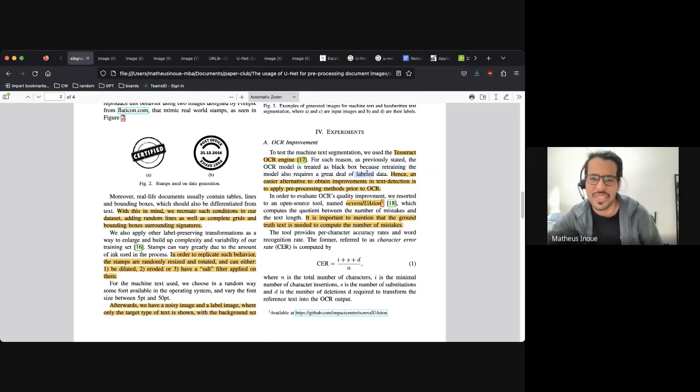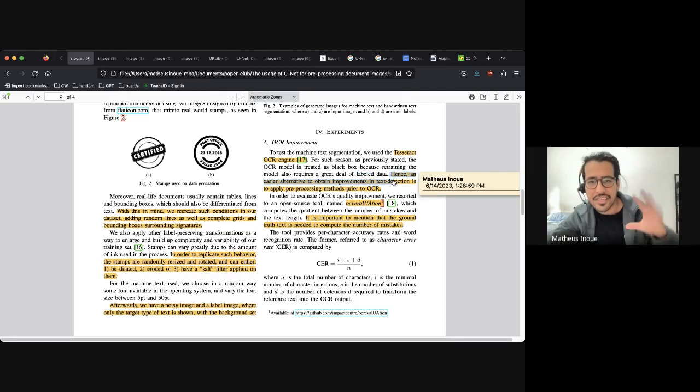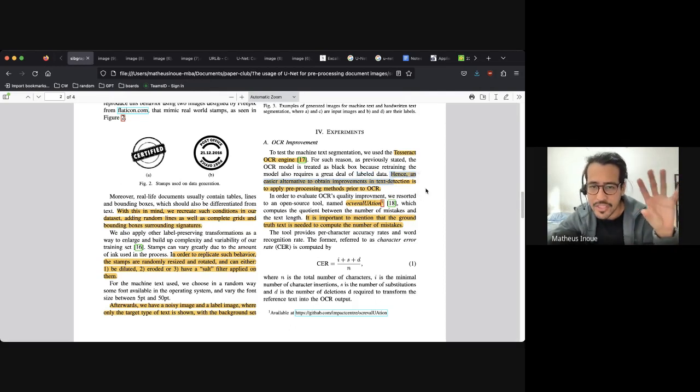Because you have to retrain an OCR, so you have thousands and thousands of labeled images. So they consider that it makes more sense for them to consider the OCR part like a black box. So they're trying to improve the image before you feed it to the OCR. And then you see the results of the OCR.